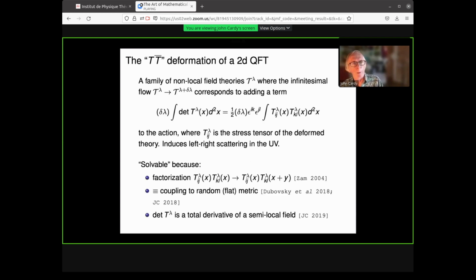So I need to spend a little time reminding you about what is the T-Tbar deformation of a 2D QFT.